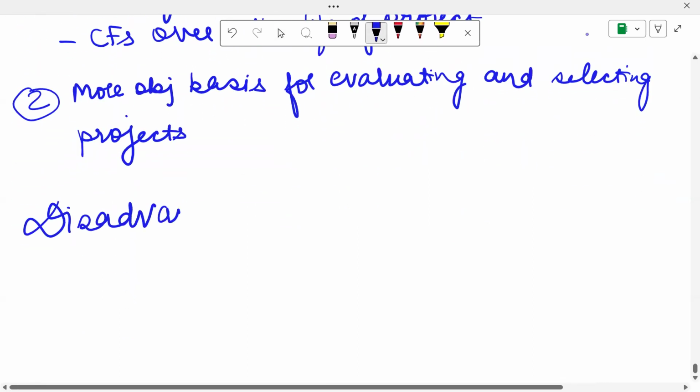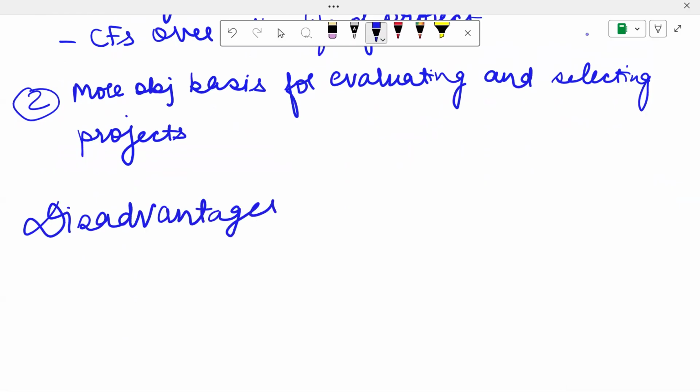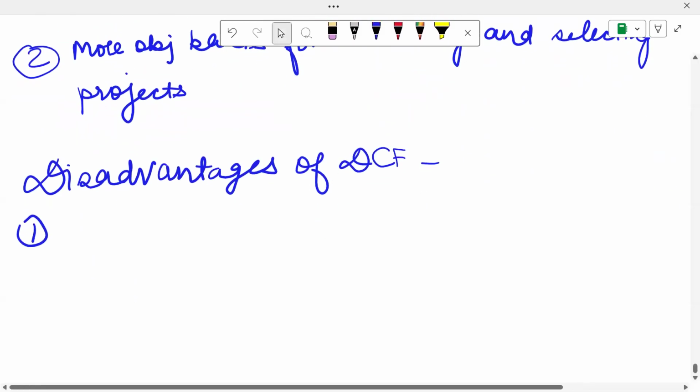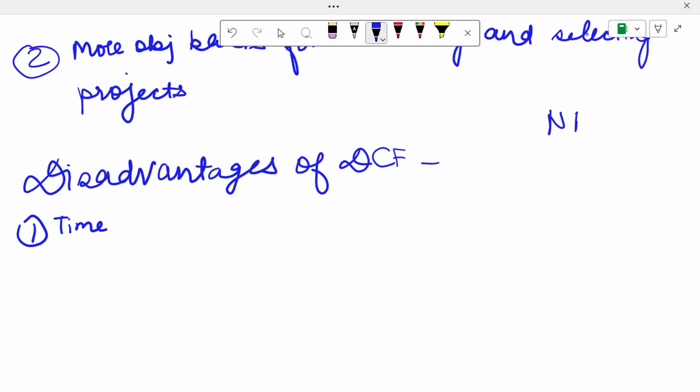What could be the potential disadvantages of using DCF techniques? Number one is that it is time consuming and complex. Basically, when you talk about discounted cash flow techniques, you're indirectly talking about NPV and IRR. So the disadvantage is that they are time consuming and complex to calculate.